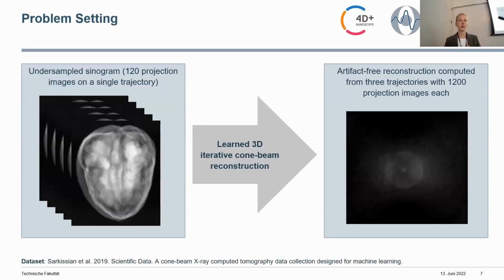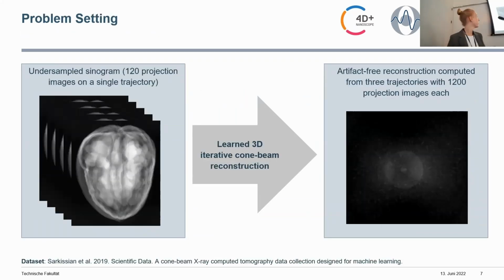So this is the problem setting that we're looking at. The input to our reconstruction is an undersampled sinogram consisting only of 120 projection images along the single circular trajectory that I showed previously. And then we would like to apply our algorithm, and the target or the ground truth at which we would like to arrive is on the right. Oh, it's not actually playing.